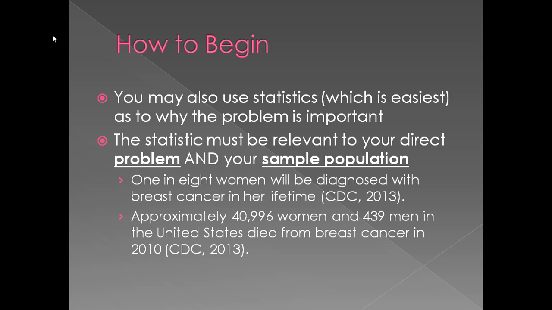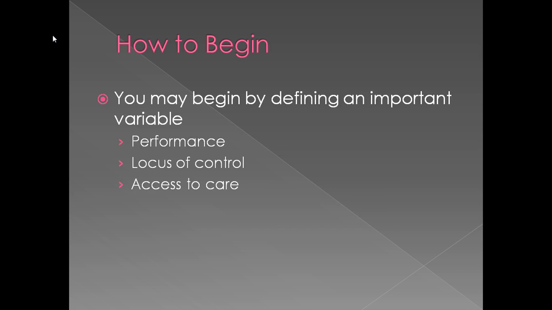It can't be something off the wall, right? And it also must be relevant to the sample population. If you're about to discuss a problem with the elderly, don't give me a statistic on minors, something affecting minors. Okay, it has to be specific to the actual problem and the sample population.